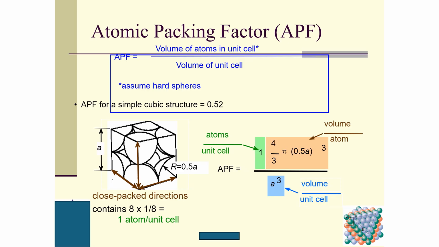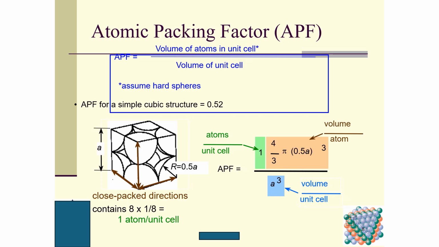This is a^3, for one unit cell. I told you this is 1, 2, 3, 4, 5, 6, 7, 8. These 8 are 1/8 balls, and they form one whole ball. One whole ball's volume equals 4/3 pi r^3, where r is the radius.